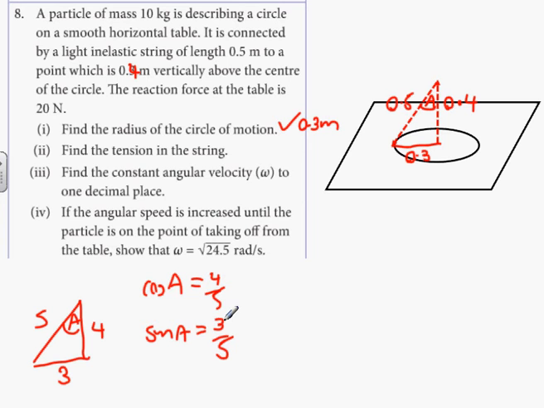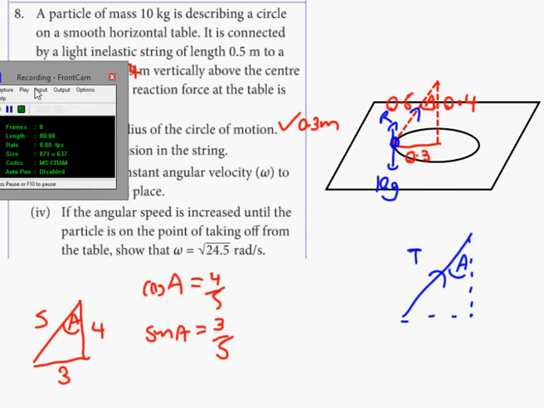Now the forces at play are your reaction force R, your weight, which is 10g, and tension, guys, up in this direction here. So, what's that particle of mass 10 kilos?